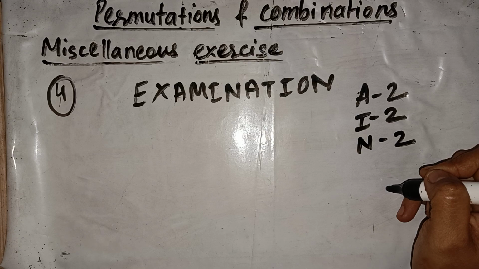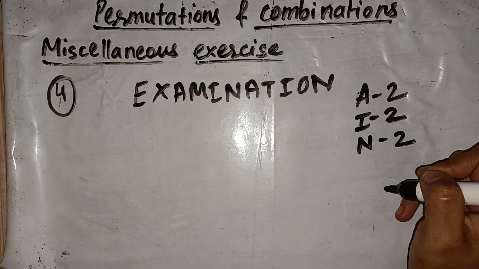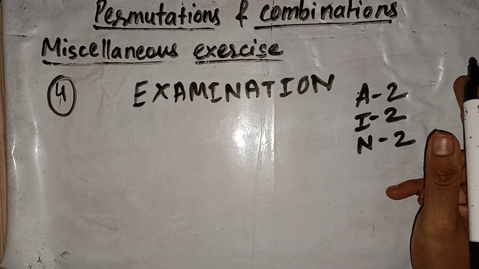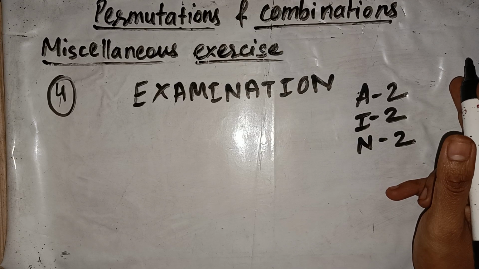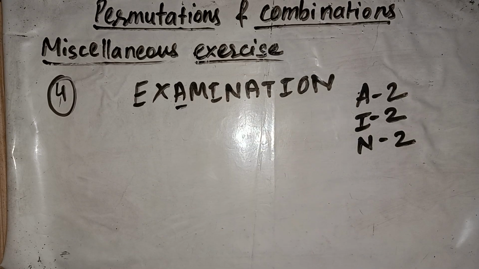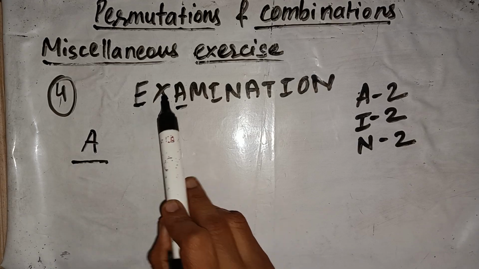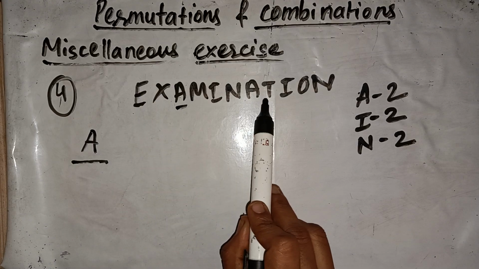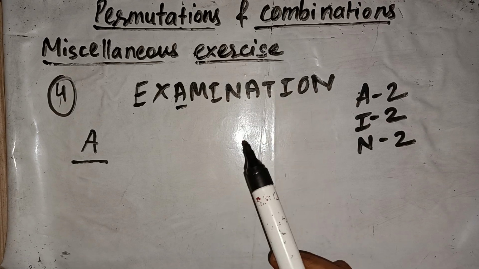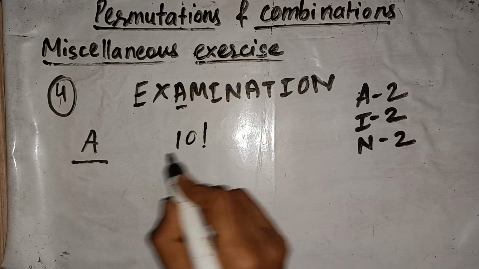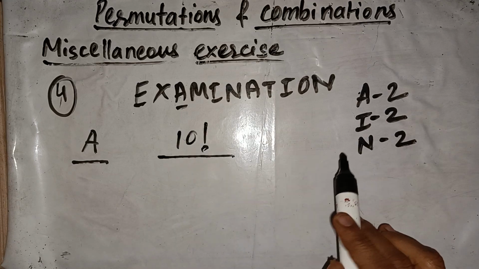Okay. So we have to find how many words are there in this list before the first word starting with E. So the first word starts with A, correct? So if I fix A here, there are 10 letters left. So 10 factorial upon how many are repeated?